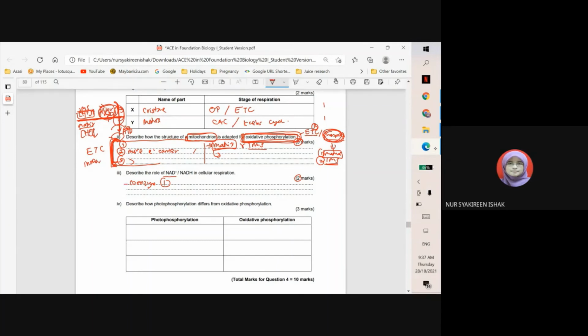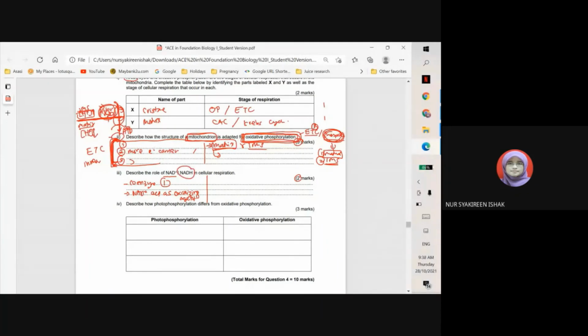And another point to describe NAD plus, it acts as an oxidizing agent. Okay, NAD plus acts as an oxidizing agent. Dah dapat dua markah dah kat sini.